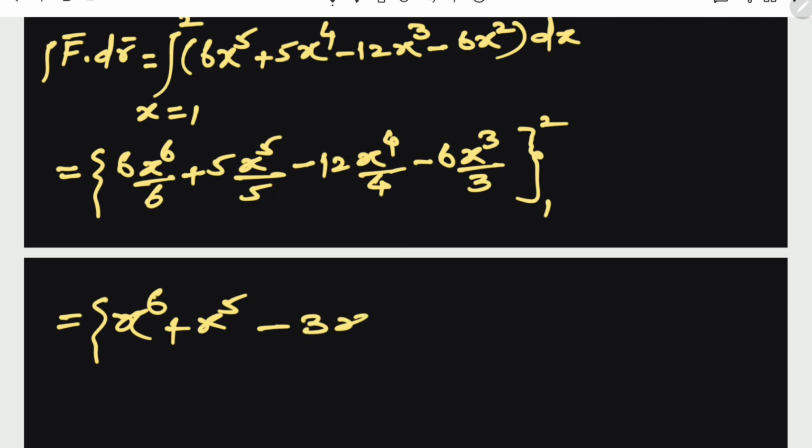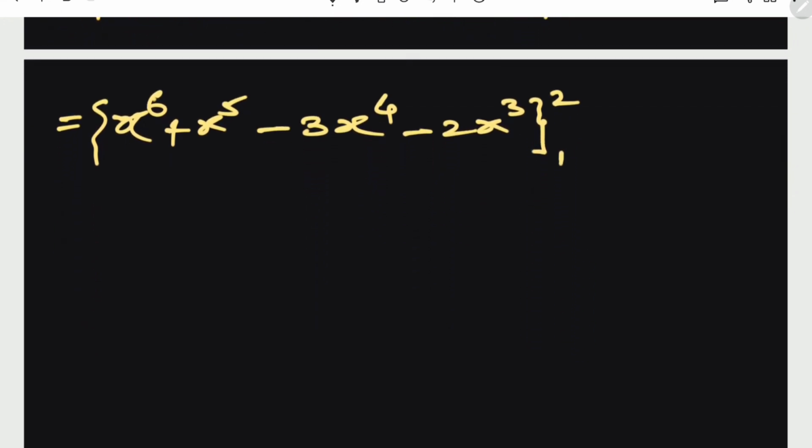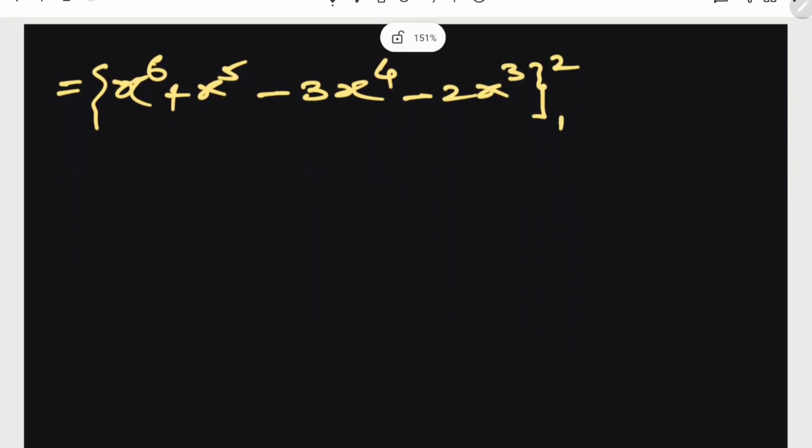Rewriting that value, we get x raised to 6, x raised to 5, minus 3x raised to 4, and minus 2x raised to 3, between the limits 1 to 2.